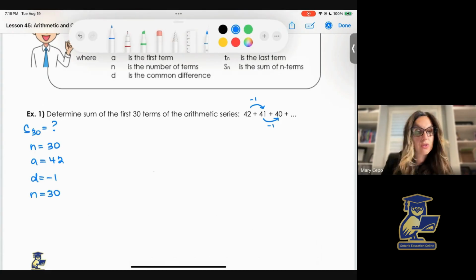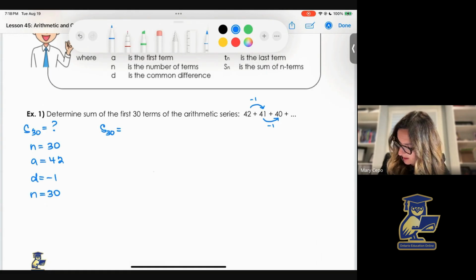So in our case, we can say S subscript 30 is going to equal, again, n divided by 2, which is 30 divided by 2, times 2 times a, which is 42, plus n minus 1, so 30 minus 1, times d, which is -1.